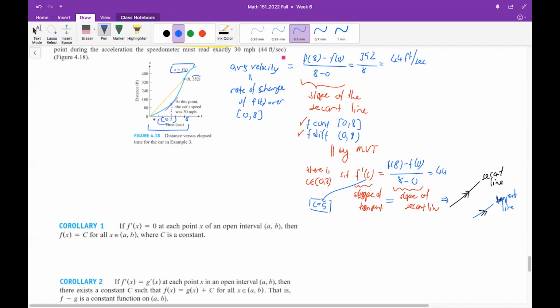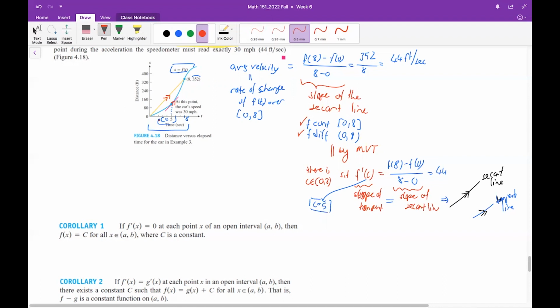There is one point between 0 and 8, which is c equals 5, whose tangent line is parallel to the second line drawn between the point 0 and the point with x coordinate 8. They are parallel. So what makes it so that there is at least one tangent line like this, parallel to this yellow line? The mean value theorem guarantees this for us.